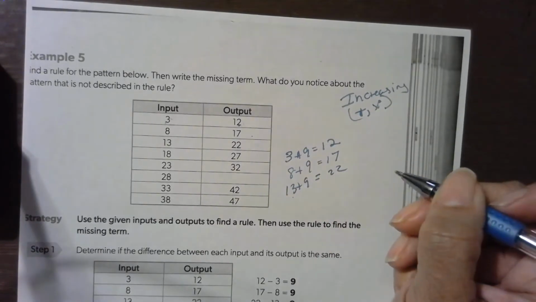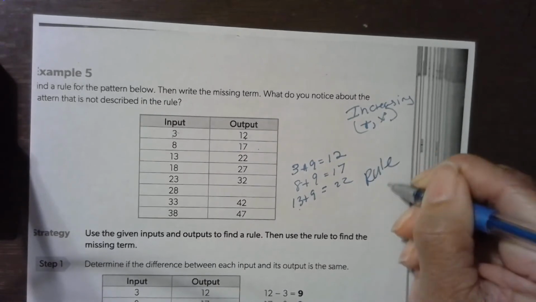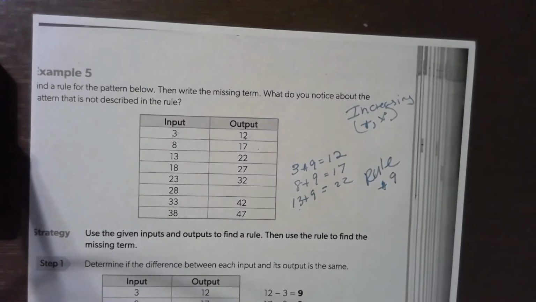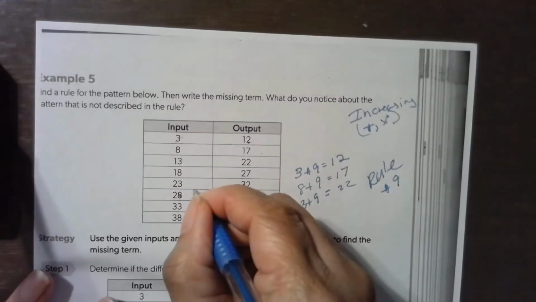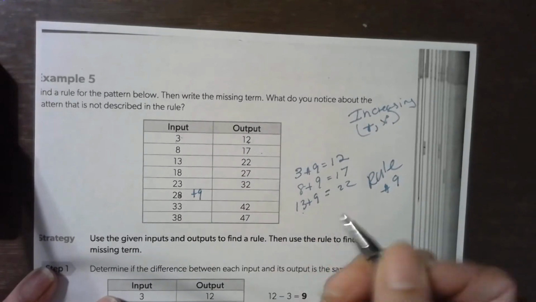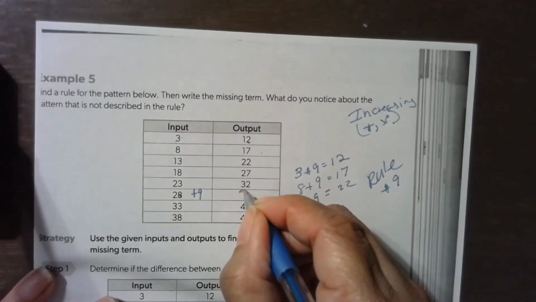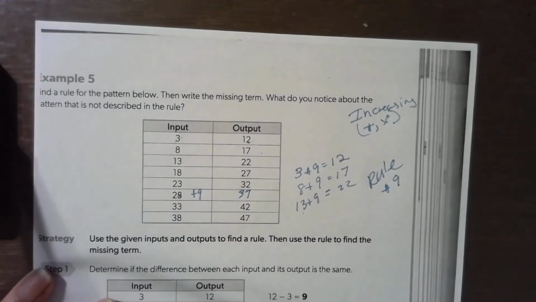So our rule here is add 9. Now to find our missing term, we would just need to add 9. 28 plus 9 is 37. That's how we would find our missing term.